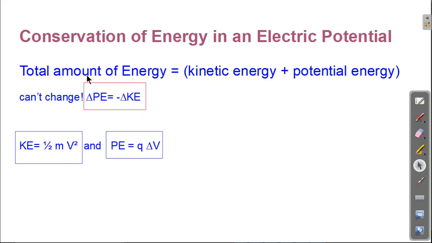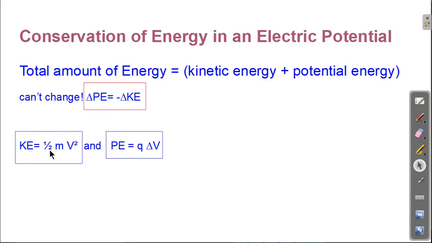So this is an equation we're going to be using next. The change in potential energy is because you have kinetic energy that is increasing. Or if there's a decrease in kinetic energy, it's because the potential energy is increasing. They're opposite. What happens to one is the opposite of what happens to the other. Kinetic energy can be calculated using this equation right here.